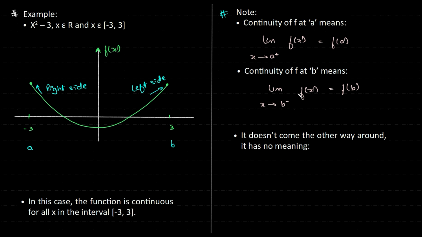And only these two will be valid in the case of closed intervals, and no other case. It does not come the other way around. It has no meaning. So we are not looking at proving limit x tends to a minus f of x is equal to f of a, or the other way around over here. So this is something that we have to keep in mind when we are dealing with closed intervals.